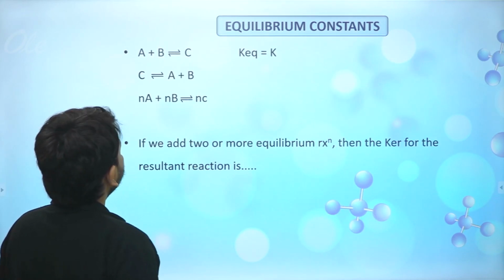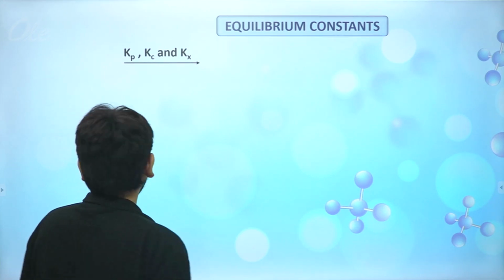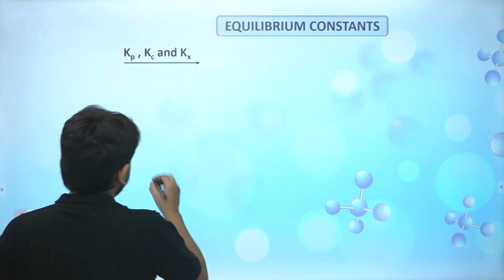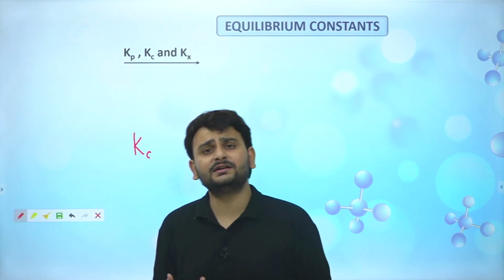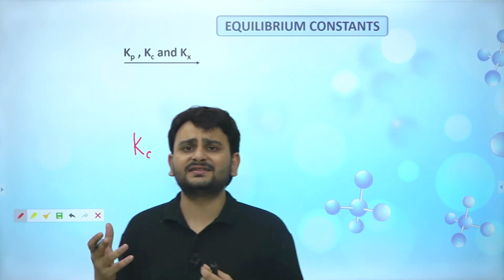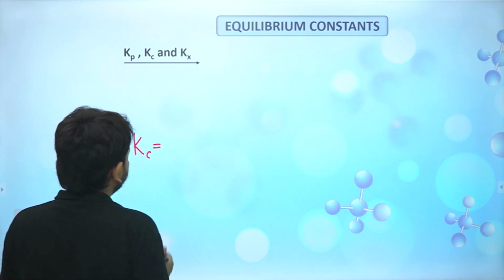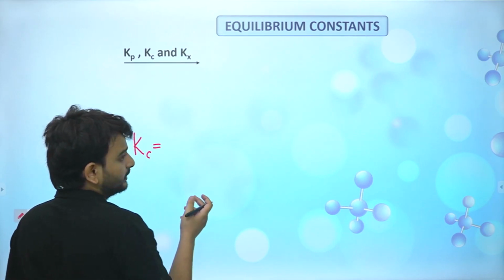Before that, let's talk about Kp, Kc, and Kx, guys. The first thing we'll talk about is Kc itself. Kc defines the equilibrium constant in terms of concentration. What we've got from the law of mass action, the law of chemical equilibrium, is the concentration of products raised to the power over reactants.